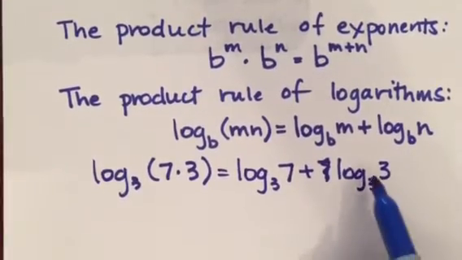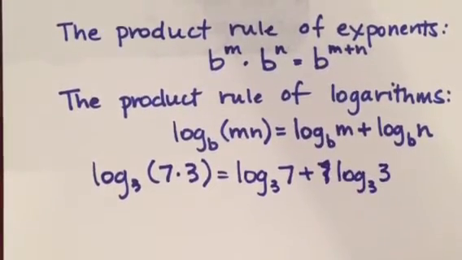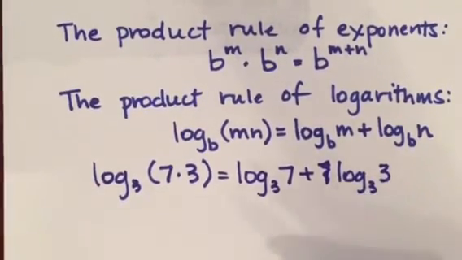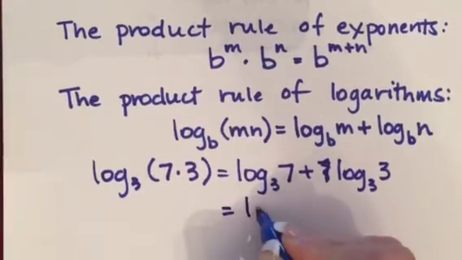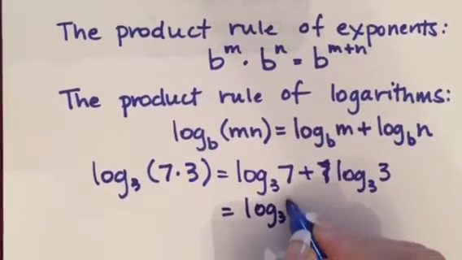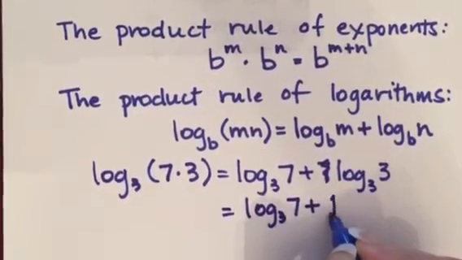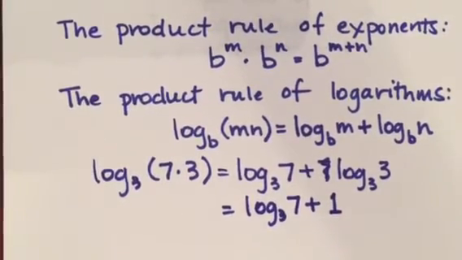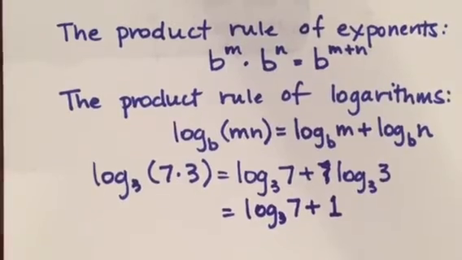And we know that this logarithm simplifies. Log base 3 of 3, well, 3 to what power gives us 3? That is the same as just 1. So log base 3 of 7 plus 1. That gives you an idea of how we would use this property.